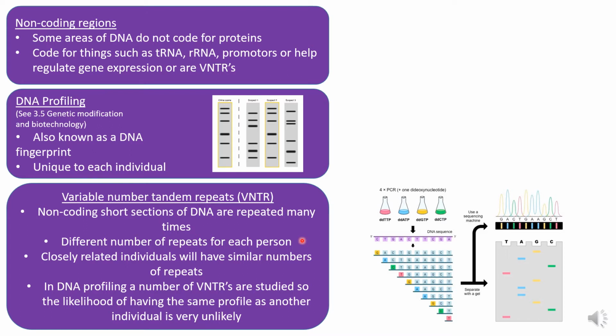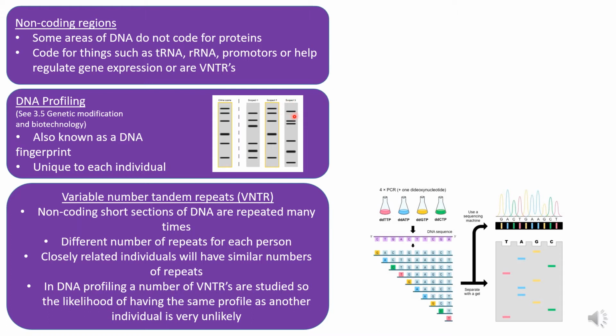If we have a little look at this DNA profile here, you'll see that they all have 6 bars on the 6 rungs of their ladder. That means that they have looked at 6 different variable number tandem repeat sequences, and each person has a different length, so therefore their fragment is a different length.